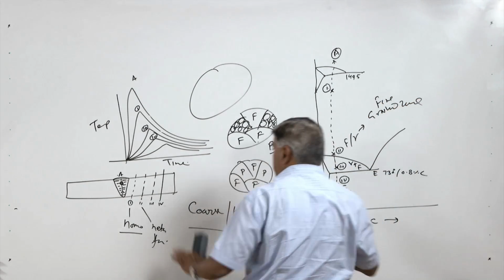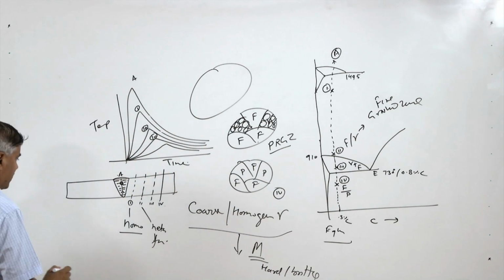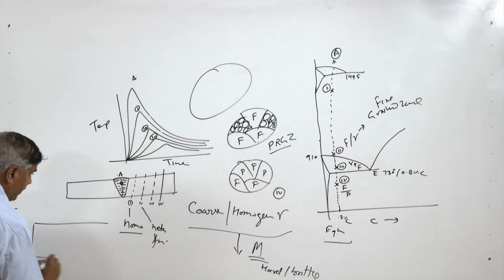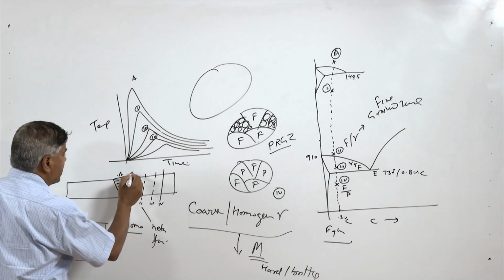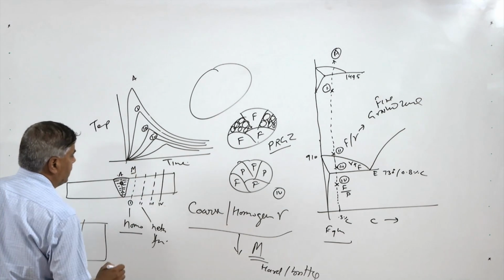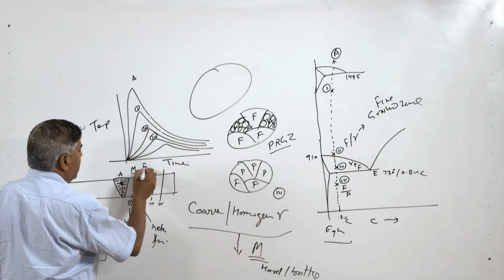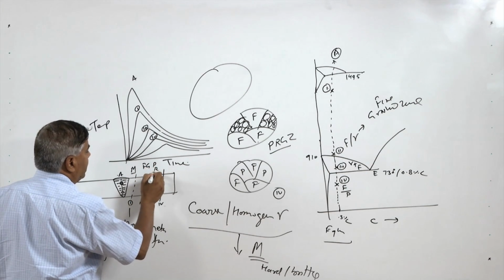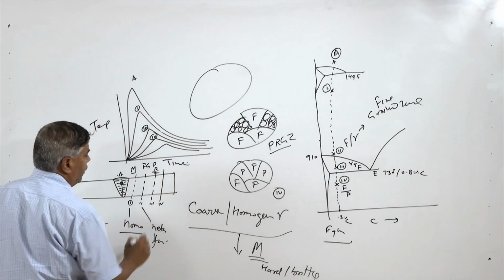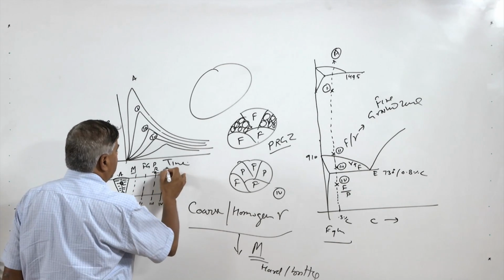So as far as the weld of the steel is concerned, in the case of welding, this may result in martensite formation, then we will have the fine grained zone formation, then the partially refined grain zone formation, and then the unaffected base metal.